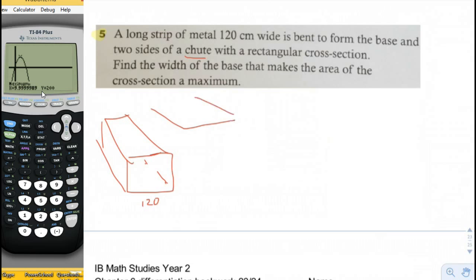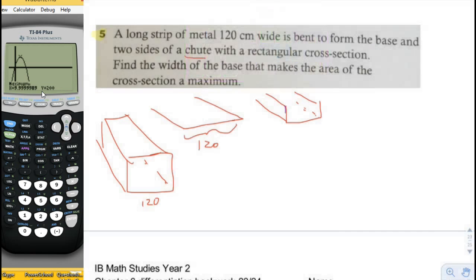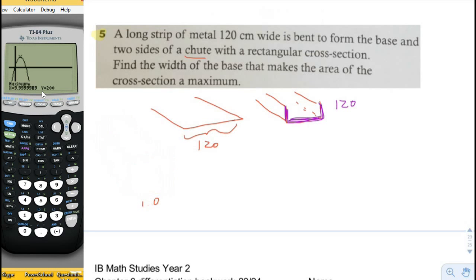Okay, so what you have is you got like a piece of sheet metal, it's 120 wide, and we're going to bend it into a U. A chute could be an enclosed rectangle, or it could be an open rectangle like this one. So what they're saying is, hey, this purple line, this plus this plus this is equal to 120. Okay? I'm going to erase this misleading drawing that makes it look like it's a closed rectangle.